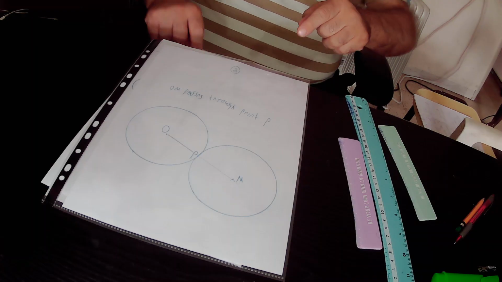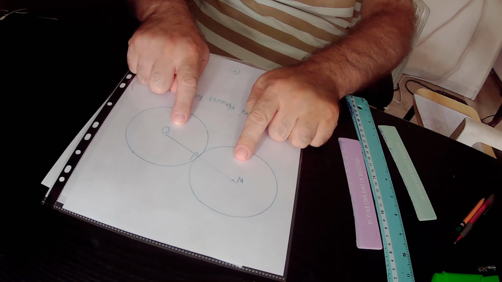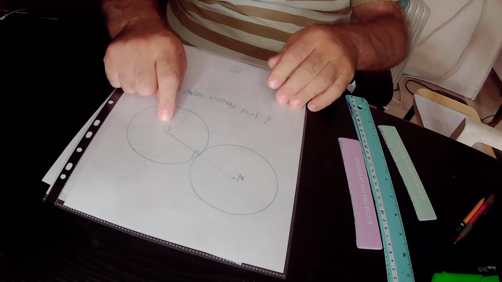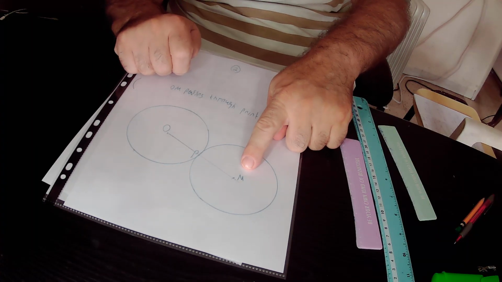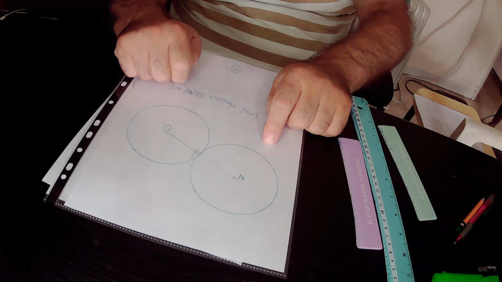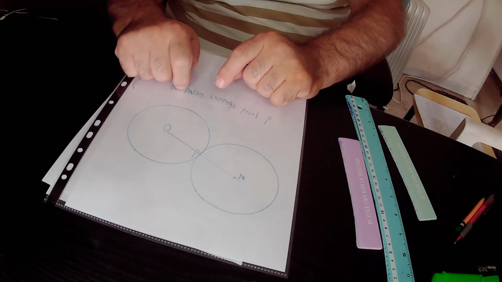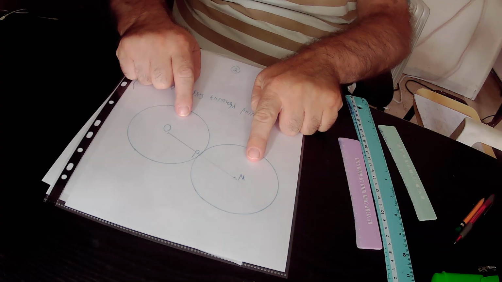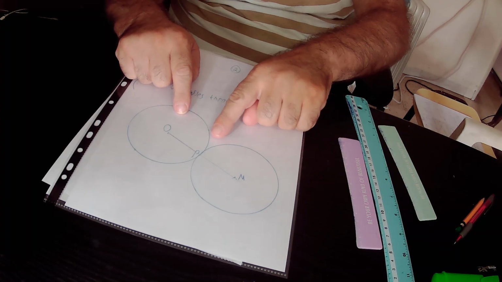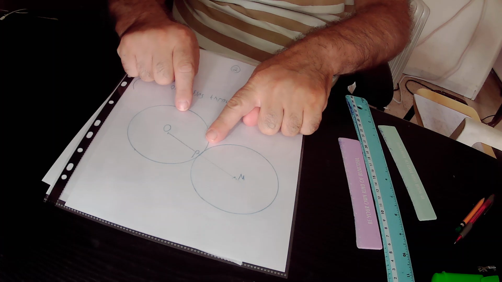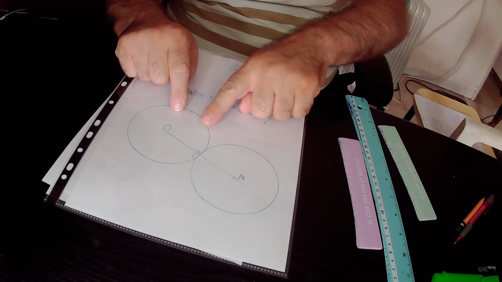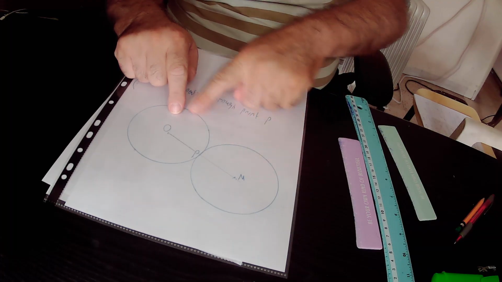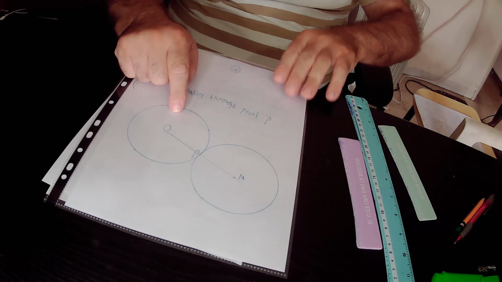In the drawing you have those two circles that touch each other externally at point P. The center of this circle is at point O. The center of this circle is at point M. And the straight line that connects their centers together is of course the straight line OM. According to rule 10, the straight line OM must pass through point P, their touching point. OPM is one straight line.